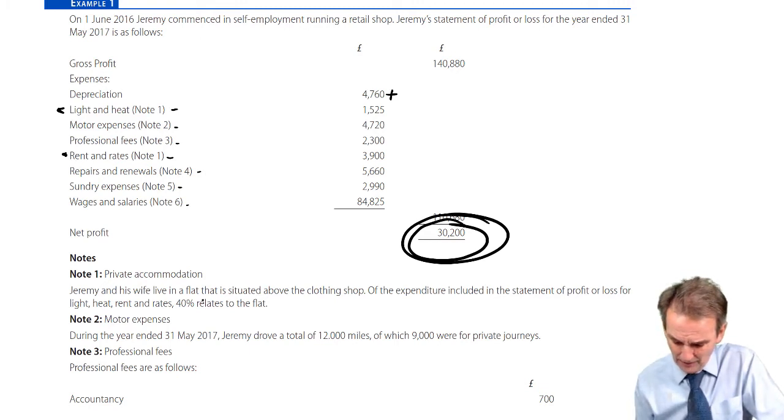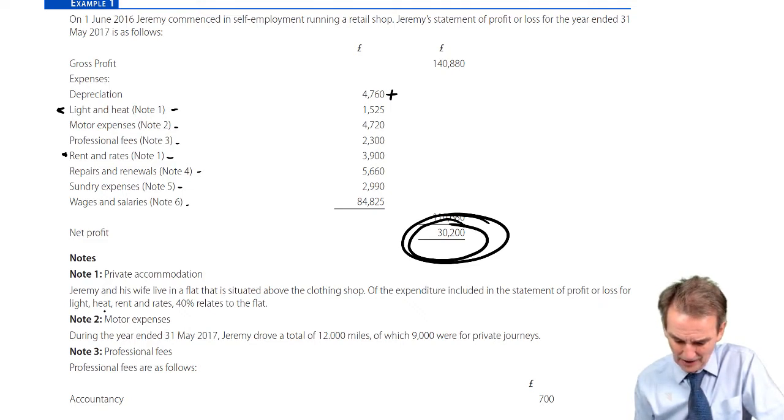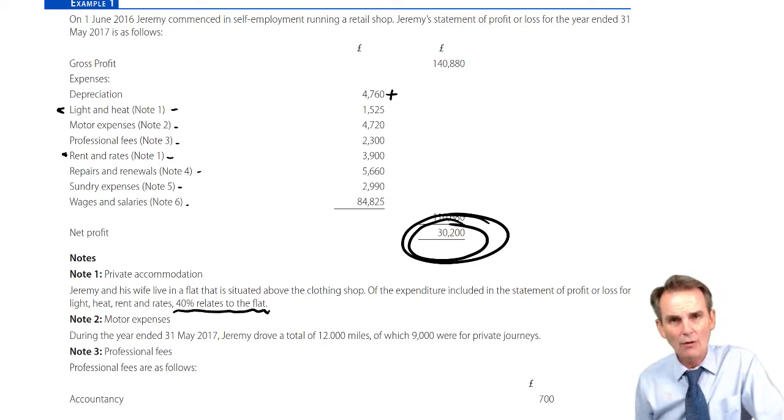Jeremy and his wife live in a flat that is situated above the clothing shop. Of the expenditure included in the statement of profit or loss for light and heat, rent and rates, 40% relates to the flat. There you go, you've got 40% private use in relation to heat and light.